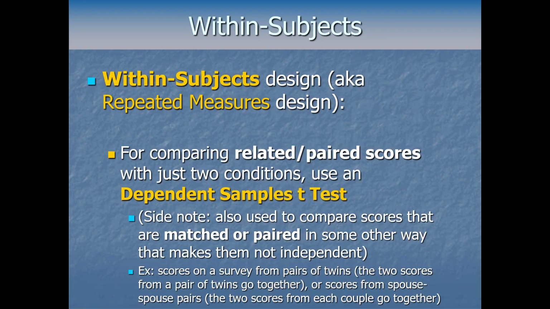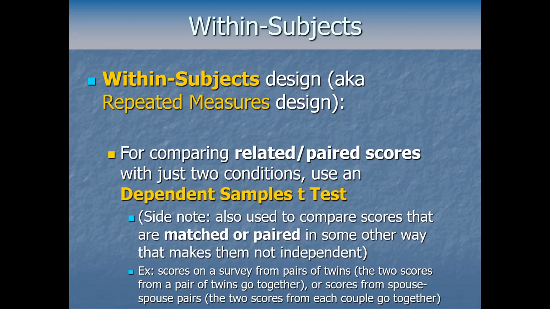Now again, just a side note for the moment, but the dependent samples t-test would also be used to compare two sets of scores that are matched or paired in some other way that makes them not independent. Like if you have data from pairs of twins, then the two scores from each pair of twins would go together. Or if you have scores from spouse-spouse pairs, then the two scores from each of those couples go together.